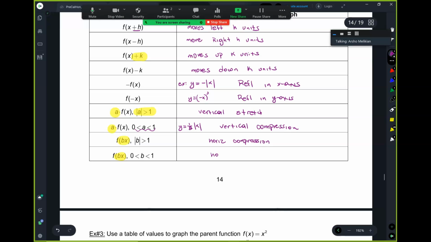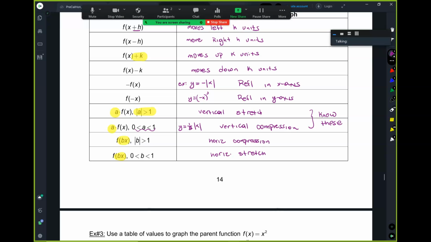And then this is a horizontal stretch. Later on, when the functions get more complicated, we're going to revisit these again and again. Right now, you have to know the vertical ones, and the other two we're going to focus on later.